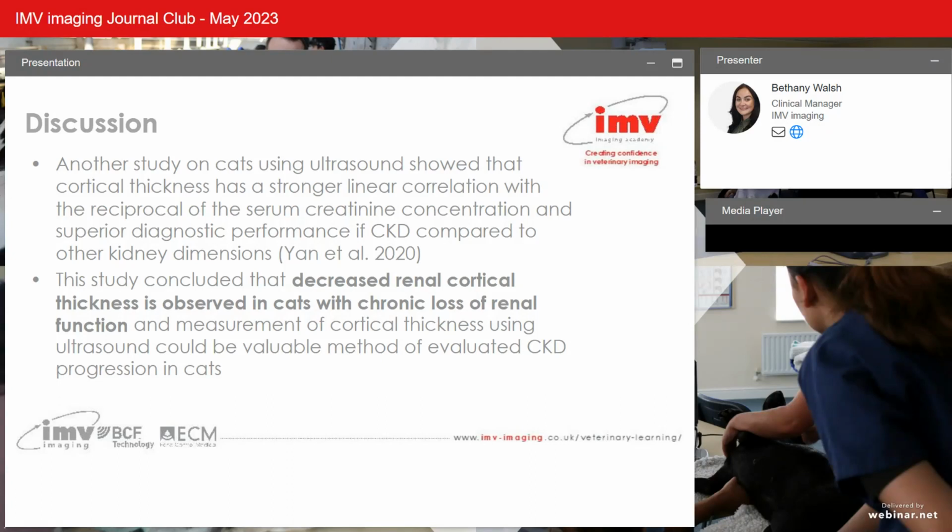This study concluded that decreased renal cortical thickness is observed in cats with chronic loss of renal function, and the measurement of the cortical thickness using ultrasound could be a valuable method of evaluating CKD progression in cats.